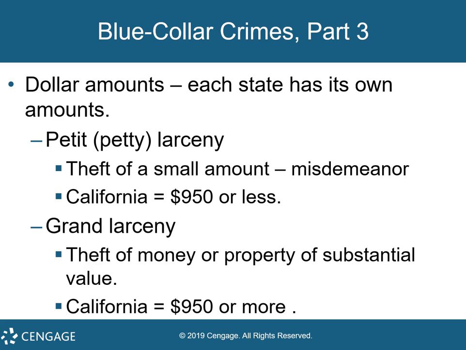So now we're going to look at some different sections, if you will. And a lot of times you'll see that some of these sections have changed according to dollar amounts, or we talked about them changing from felonies to misdemeanors.